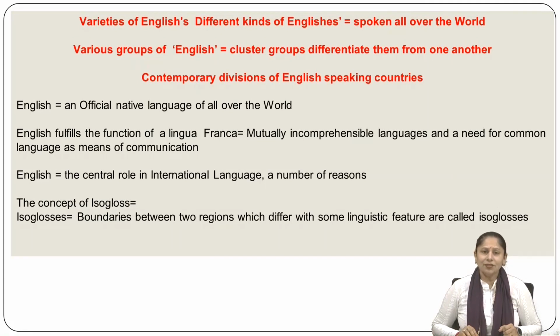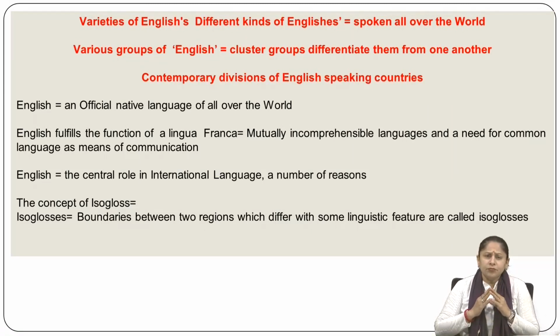The varieties of English are the different kinds of English spoken all over the world. So basically the topic itself gives you the idea about the English language and its several roles in different countries.